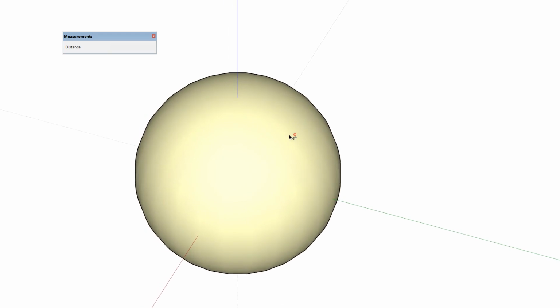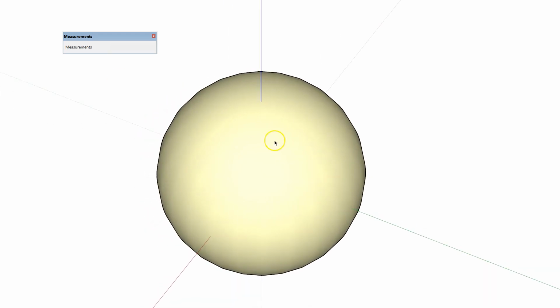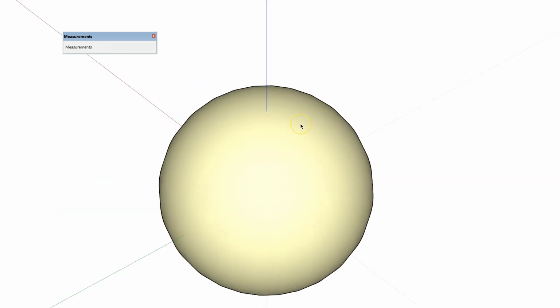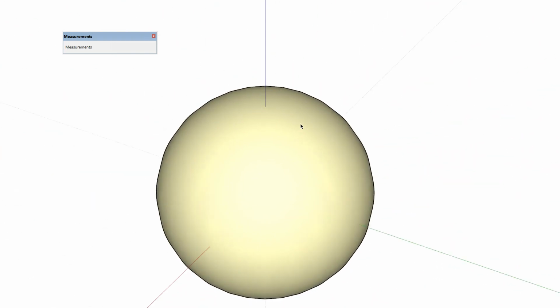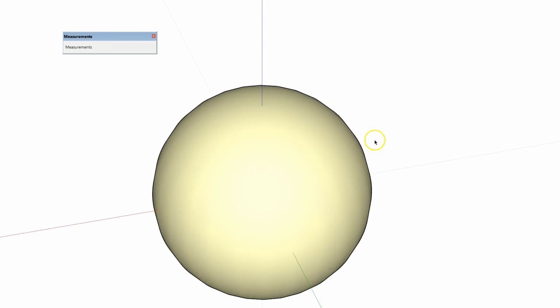And there we have a ball. So this is your planet Earth. Welcome to your so-called planet Earth. So let's take it for a spin. Planet Earth. Looks a bit bumpy, doesn't it?